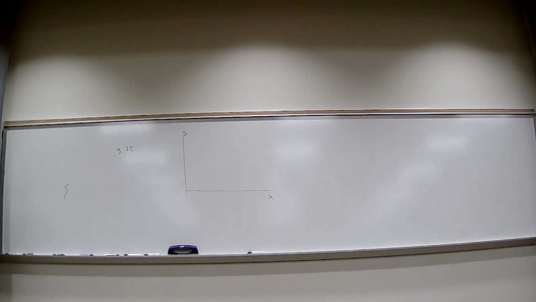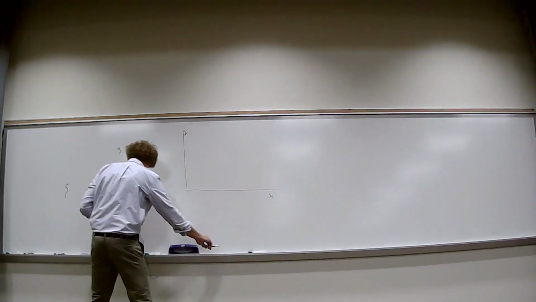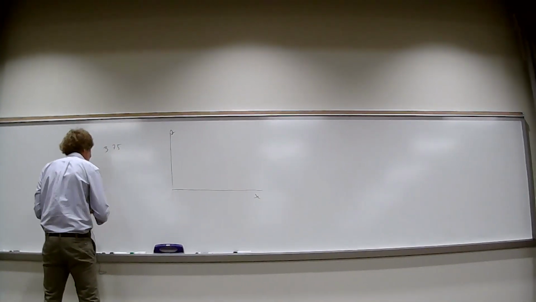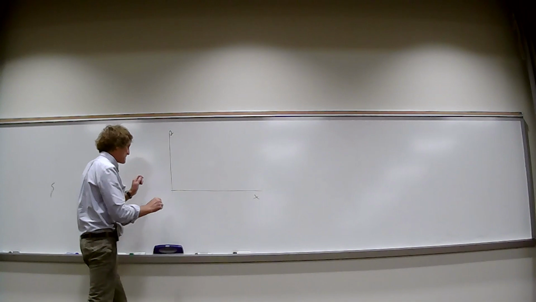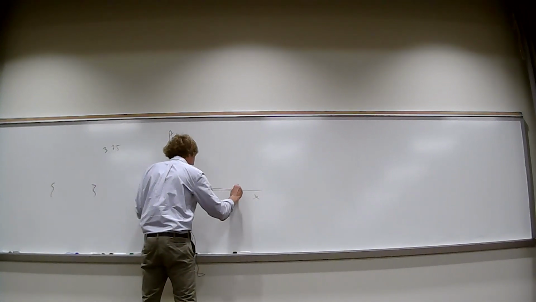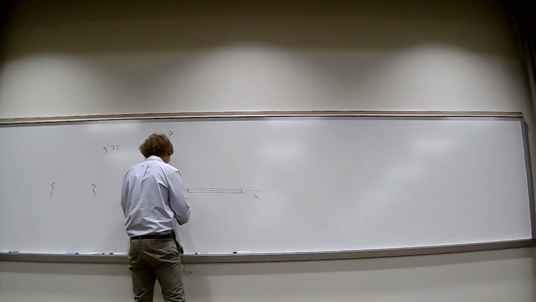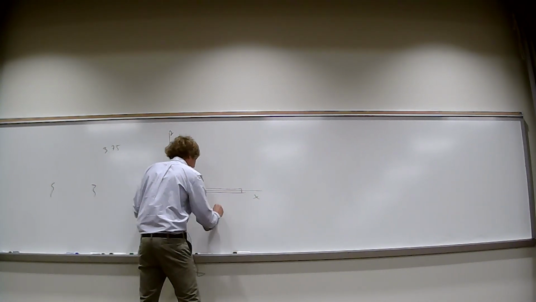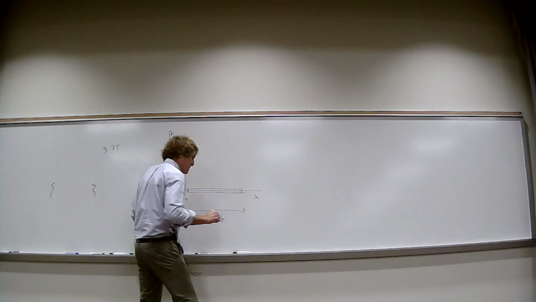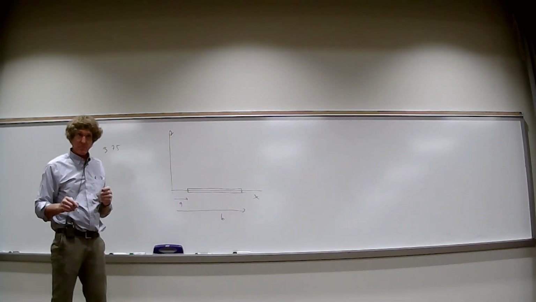He has a couple of plates. Let me see if I can draw this a little better. Down here we have a plate, and this distance to here is A, and I believe this distance to here is B. Is that correct, class, the way he shows it?